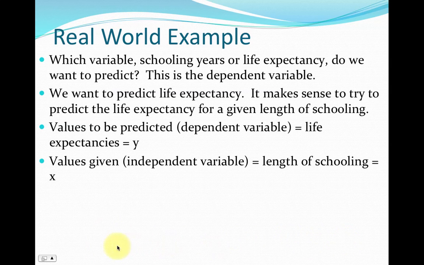On the horizontal axis we have x, the length of schooling, and from small to large we label numbers for the length of schooling. On the vertical axis we have life expectancy, and from small to large we label numbers for life expectancy. Then we saw when we did this on the calculator that our points generally moved upward from left to right.